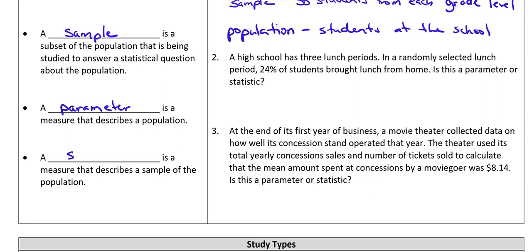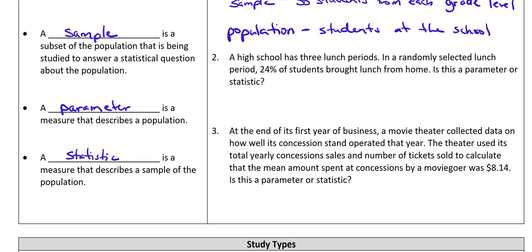A statistic is a measure that describes a sample of the population. If I randomly went to the cafeteria and I interviewed 200 random students and asked them about their plans after high school, I could then use that information to make a prediction about the bigger population. So that's why we hear statistics a lot, is because it's very hard to set up a parameter because you have to have all the data, and that's sometimes very hard to get.